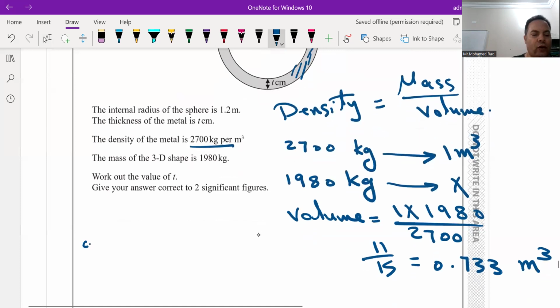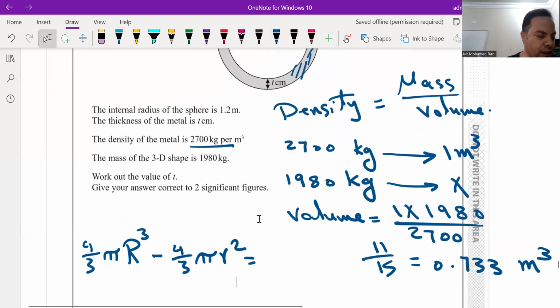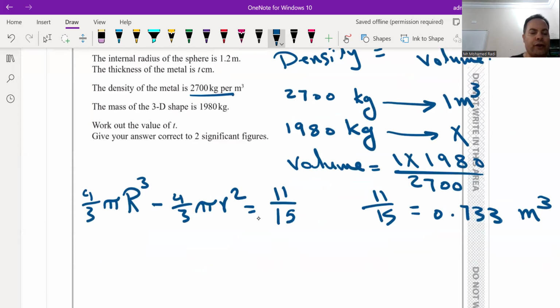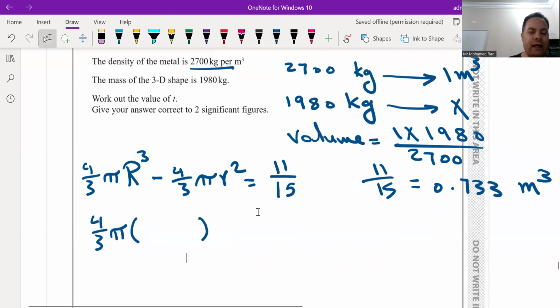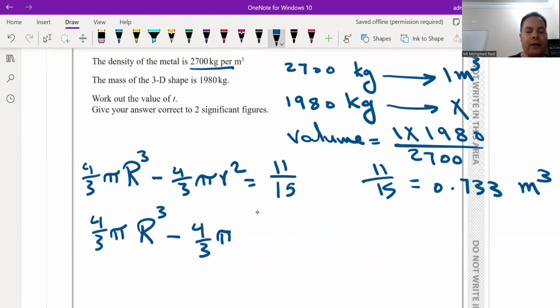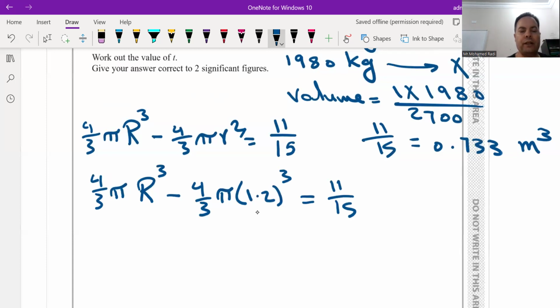So we write 4 over 3 pi r cubed for the big one, minus 4 over 3 pi times 1.2 cubed for the small one, equal to 11 over 15.